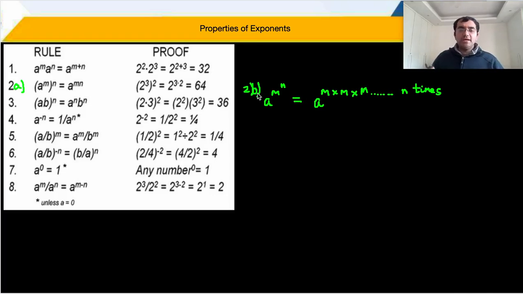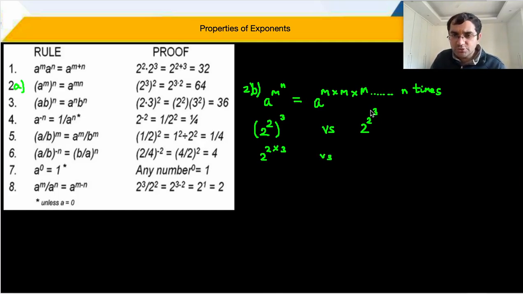What is the difference between 2a and 2b? 2 to the power 2, bracket to the power 3. This is according to property 2a, versus 2 to the power 2 to the power 3. Okay? Now this becomes 2 to the power, according to property 2a, your powers will multiply. 2 into 3, versus what is 2 to the power 3?